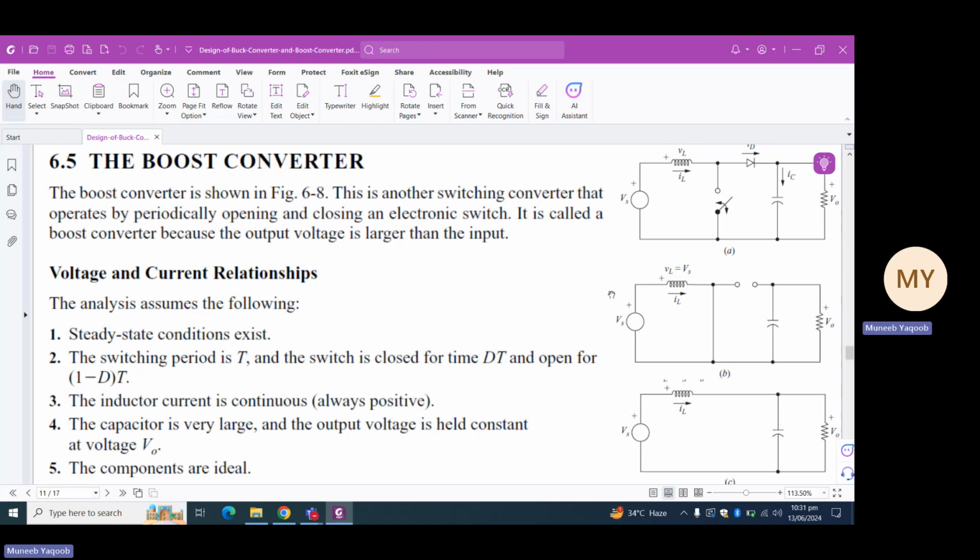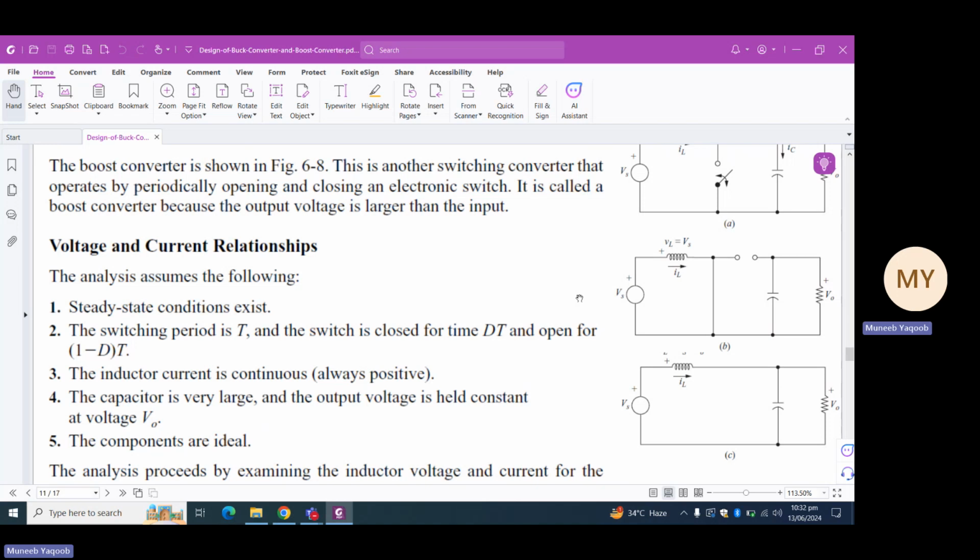Similarly, if the switch is open, we get this figure C. For this figure C, if we apply KVL on the outer loop, we can say minus Vs plus VL plus Vout equals 0. And hence we can say that VL equals Vs minus Vout.